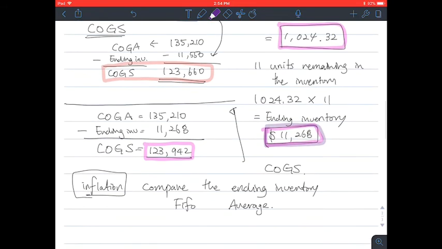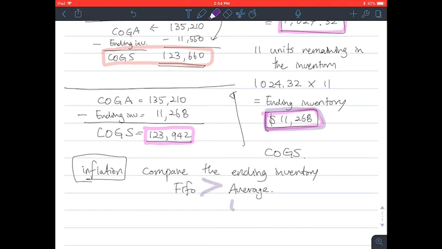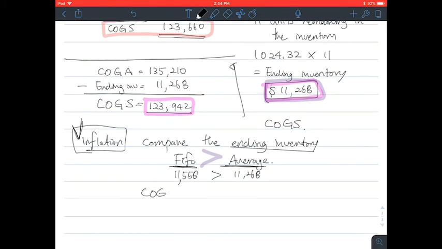Which is bigger? We see that FIFO is bigger, right? So we can say that under inflation, using FIFO gives a bigger ending inventory than using the average cost method.